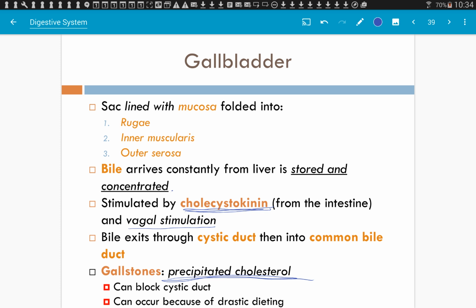Gallstones can also form when someone undergoes drastic dieting. If someone goes on some crazy diet and loses a lot of weight really fast, that can cause precipitated cholesterol to build up as gallstones in the gallbladder and cause problems. So don't do a drastic diet, and I think you'll be okay.